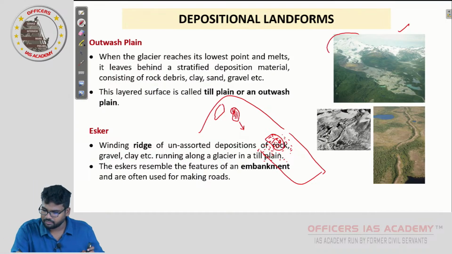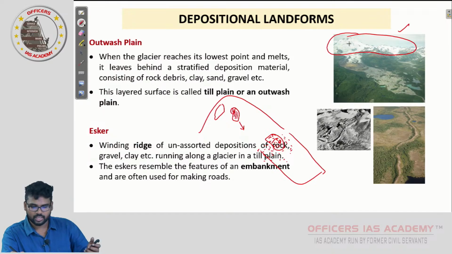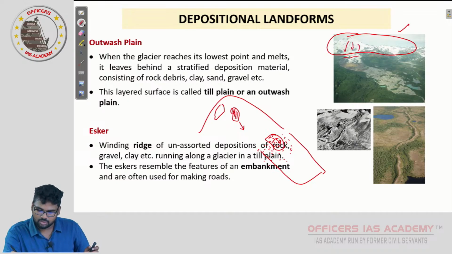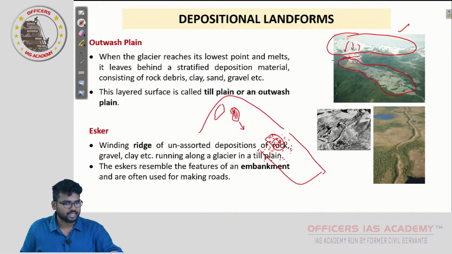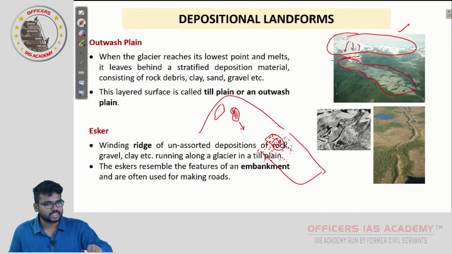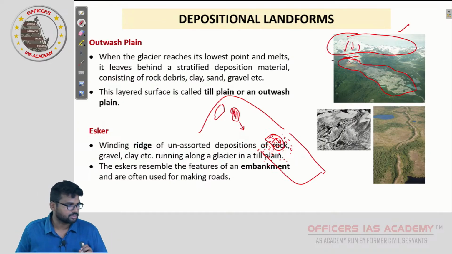Here we have glacial mountains, and from there many glaciers are coming, moving down the slope. Until here there is snow, but after that it starts melting, and whatever material is present is deposited in this entire region. Such a plain area, created due to deposition of the moraines, the sediments present inside, is what we call an outwash plain.